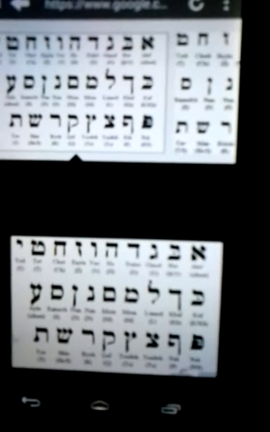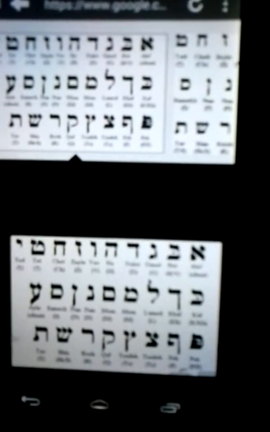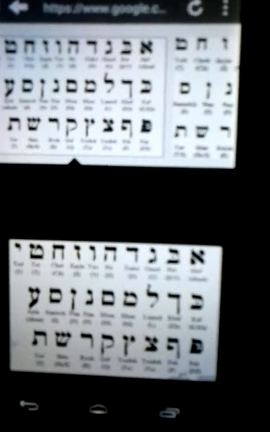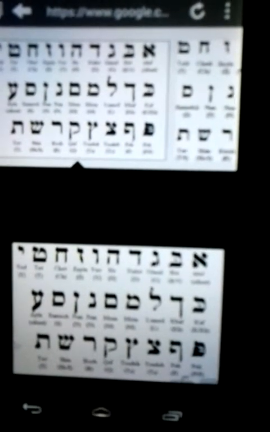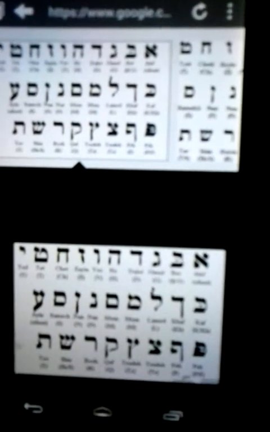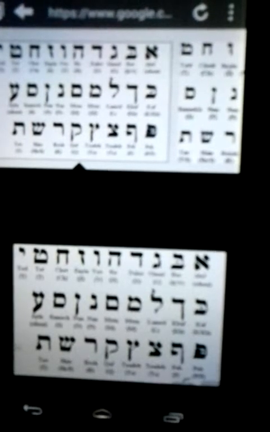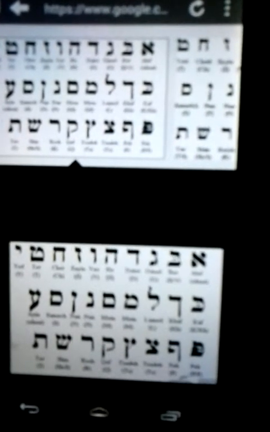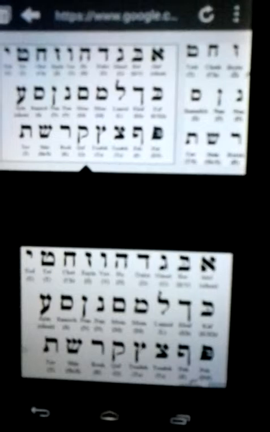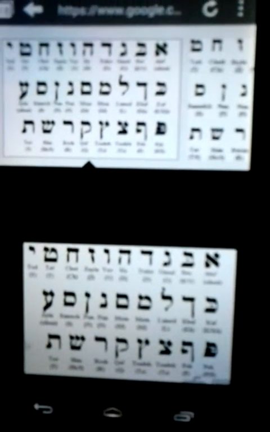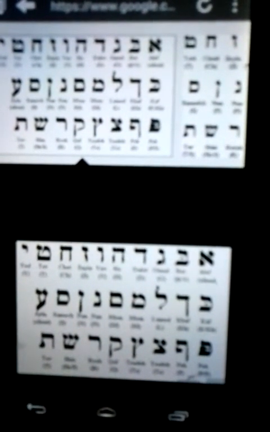And it's more than a coincidence that some of the English simple gematria is deeply connected to God.